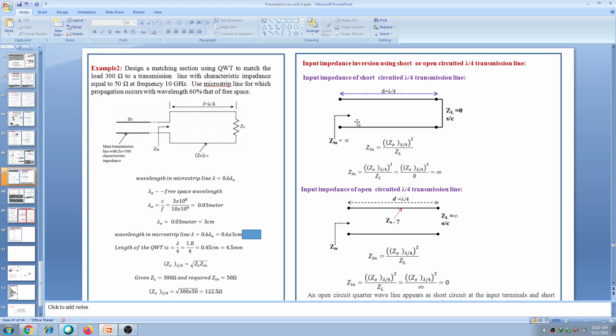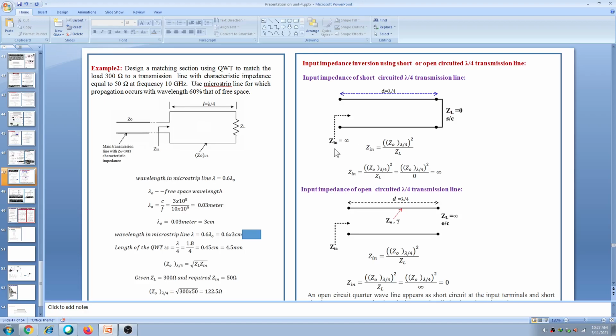It is a short here. Only what we did is measure at a distance of lambda by 4 instead of here. If you measure here, it is automatically 0, but if you travel a distance of lambda by 4, the impedance keeps changing, and whenever the length is lambda by 4, the ohmmeter shows infinite impedance.